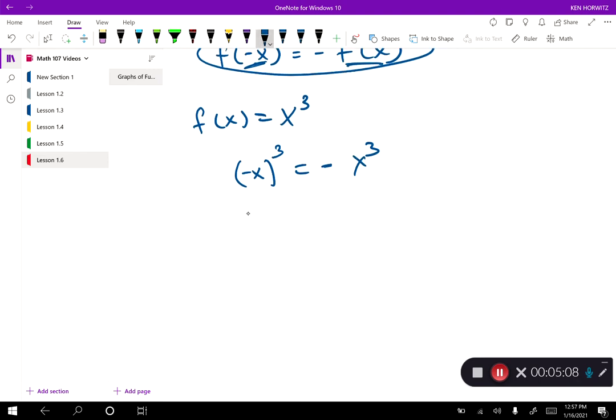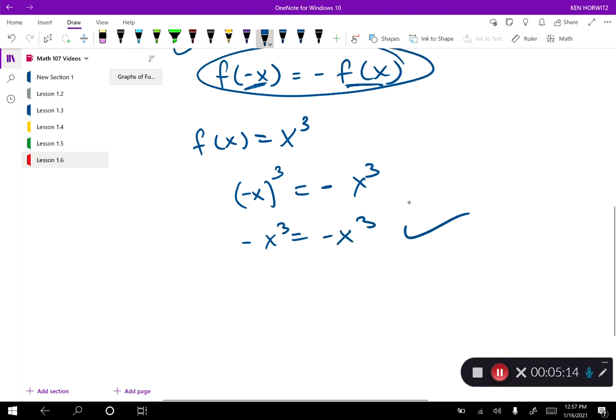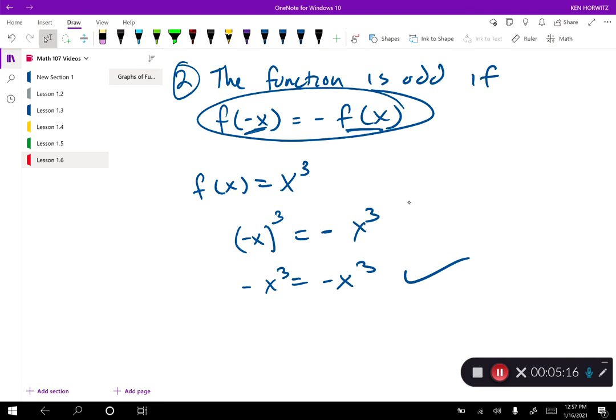So when I simplify this, I get negative x cubed equals negative x cubed. Hence, we have now confirmed that y equals x cubed, or f of x equals x cubed, is indeed an odd function. I typically use things like even and odd to kind of confirm that I'm going in the right direction. I think it's really helpful for that.